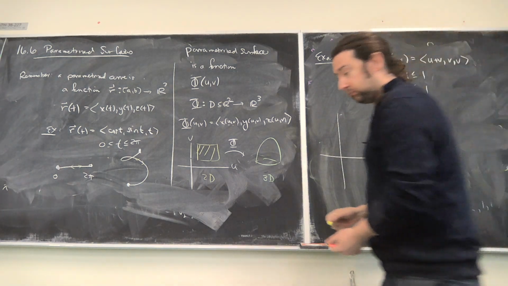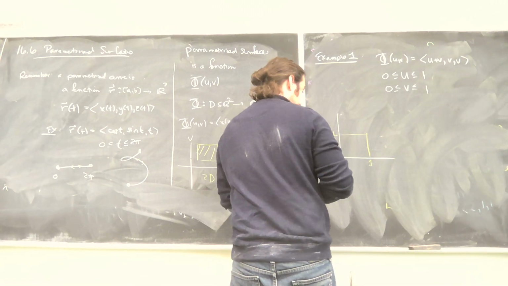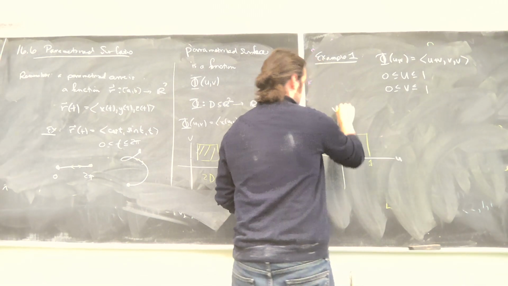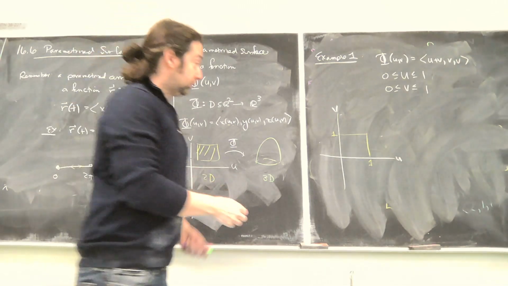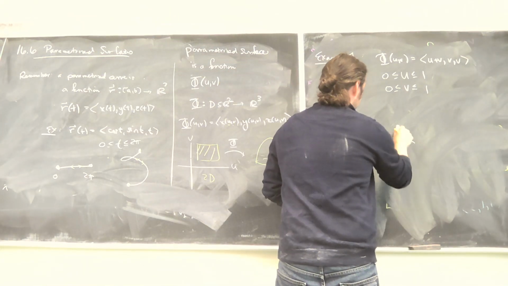So in the uv plane, we have this square. And then Phi looks at this square, it eats it, and produces a surface.